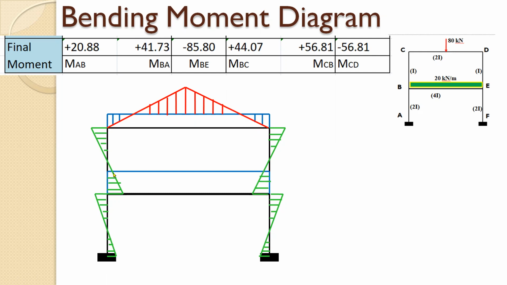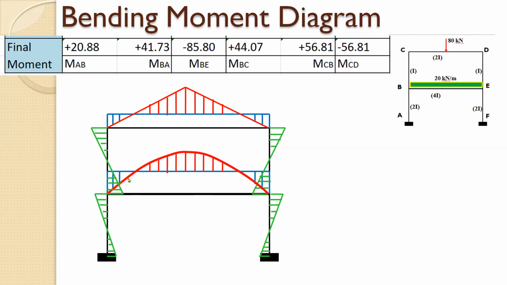Similarly, for the BE member, this is minus 85.80 on this side, so it is plus 85.80 on the other side. Over this, you have to overlap the bending moment diagram due to UDL, and this is the net diagram. After overlapping this, you can calculate the net bending moment you get here by deducting this bending moment value from the total bending moment value.